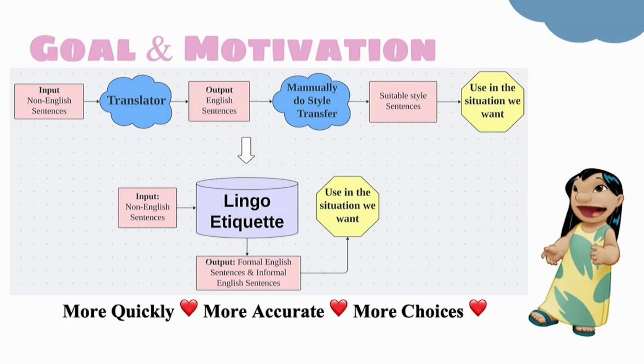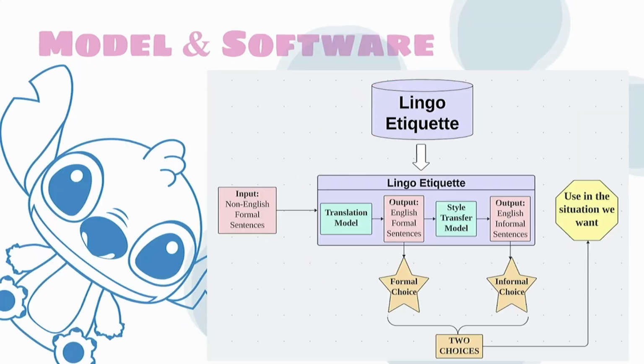By using our model, the process becomes simple. Just by waiting a few seconds, the users can get both the informal and formal sentences together. Our model can be divided into a translation model and a style transfer model. After getting the sentences, the translation model will output the English formal sentences, and this will be the formal choice of the whole model.